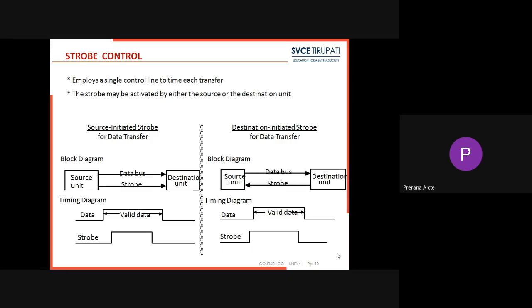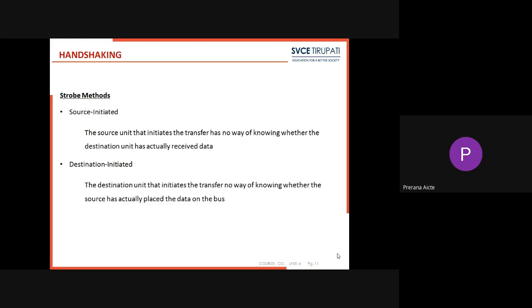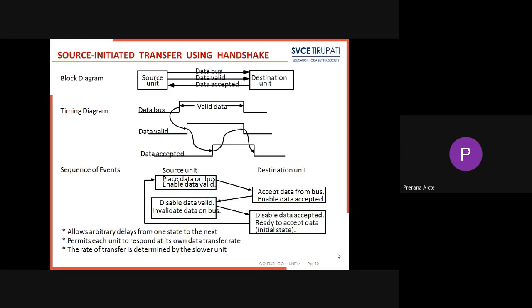So what are the drawbacks of source and destination initiated strobe for data transfer? The source unit that initiates the transfer has no way of knowing whether the destination unit has actually received the data item that was placed on the bus. Okay. And the second one, handshaking.